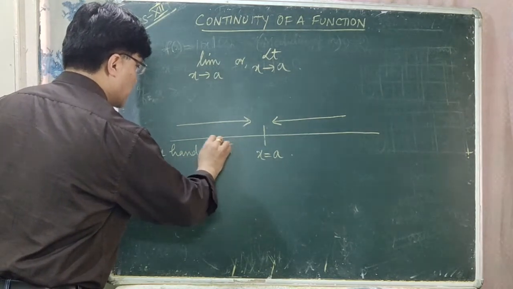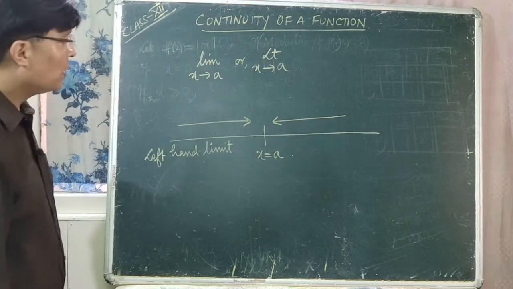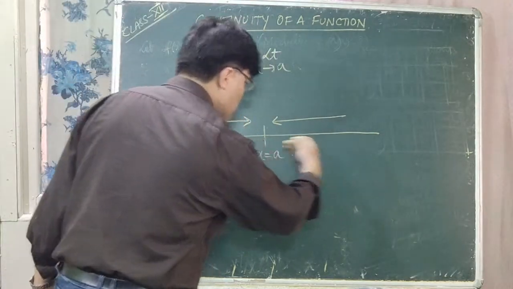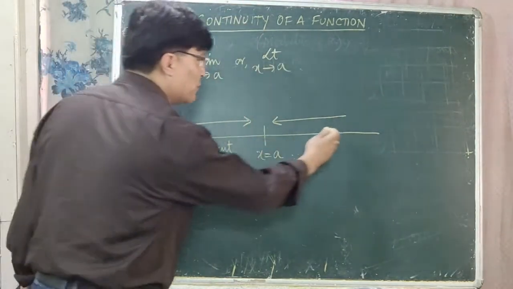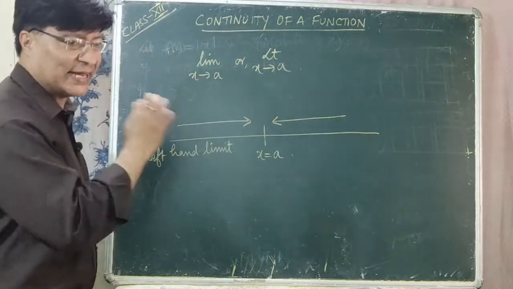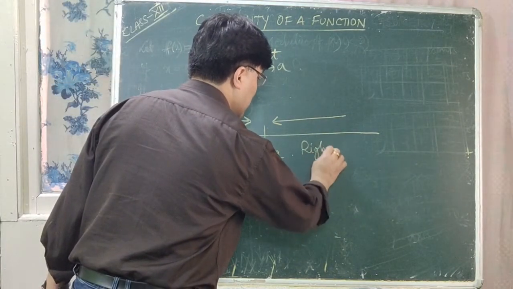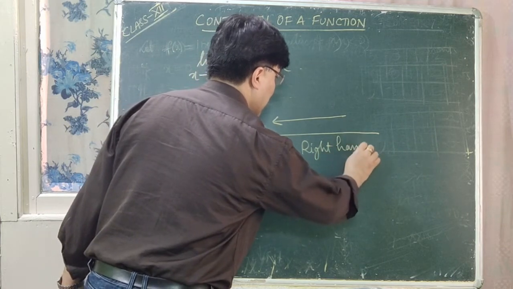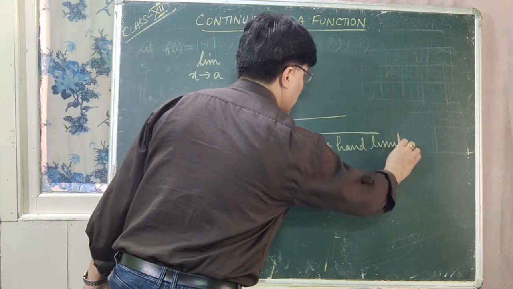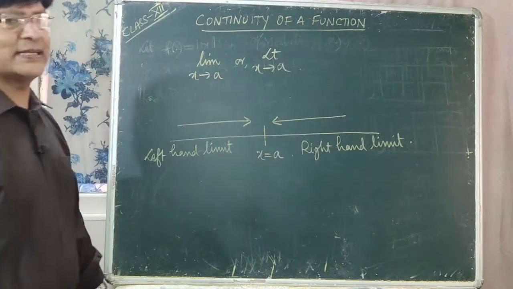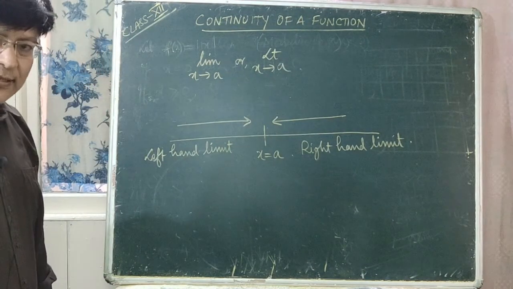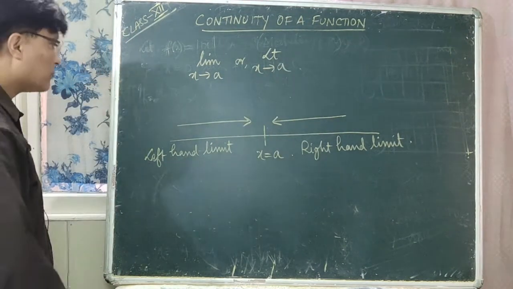If x approaches a constant quantity a from the right hand side, that is known as right hand limit. Is that clear to all of you?